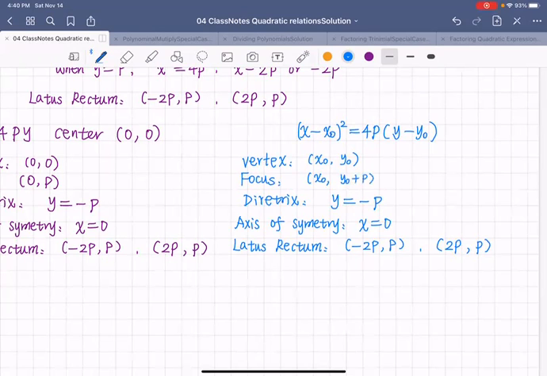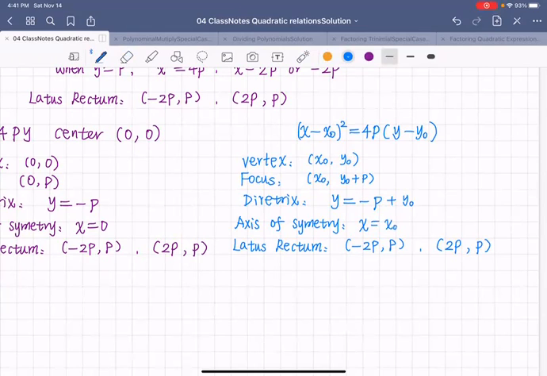Your directrix, your previous is y equals negative p. Your new one is going to be shifted by y0. Your axis of symmetry is only related to x. Old one is x equals 0. New one is x equals x0.